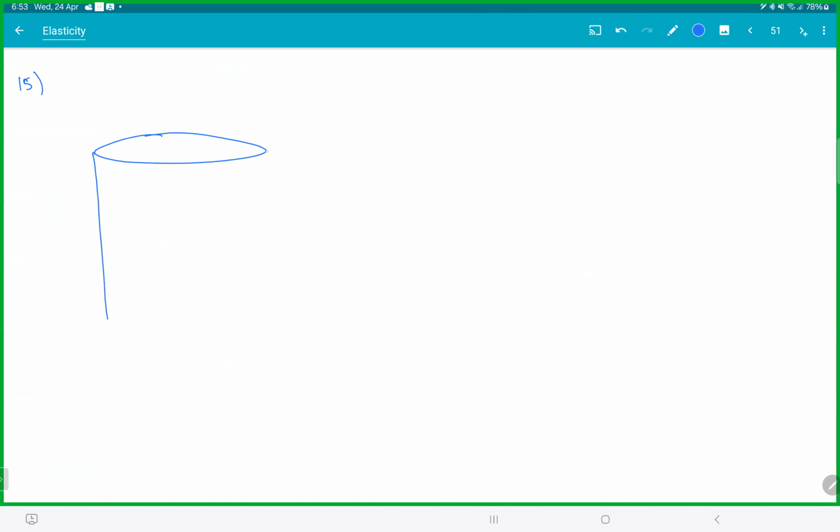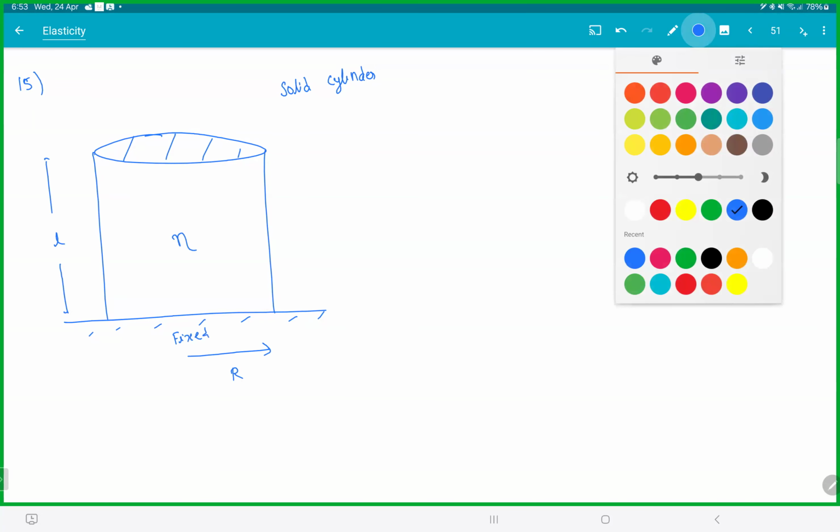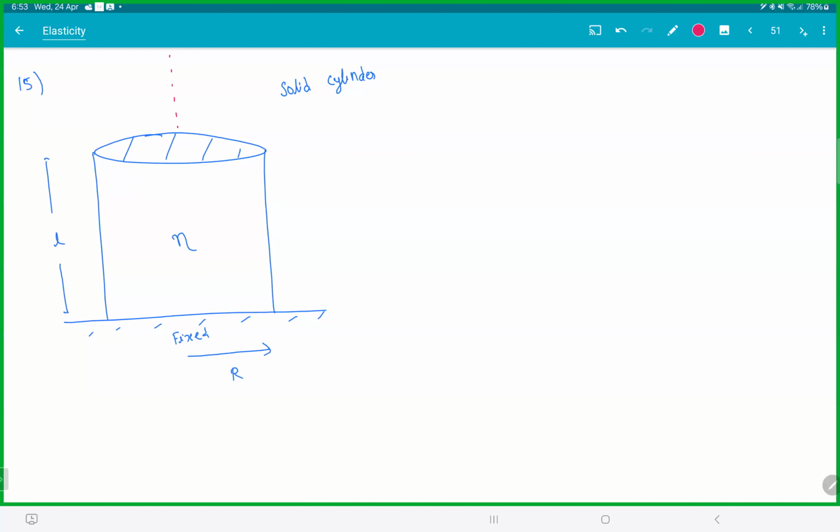We have a cylinder here. Solid cylinder. Radius r, length L, eta, it is fixed to the ground. Now you're trying to twist the cylinder.